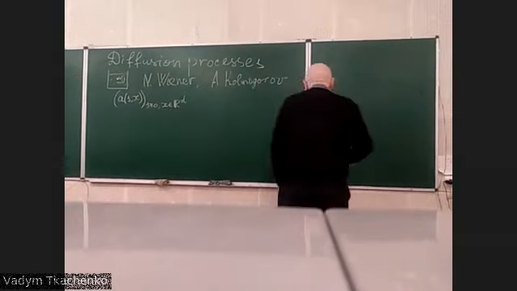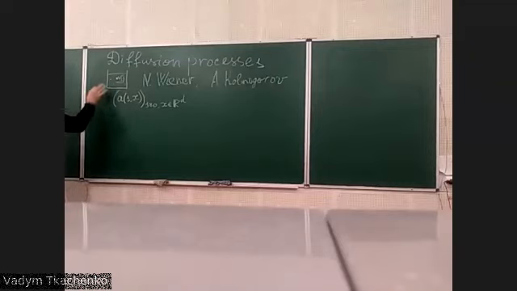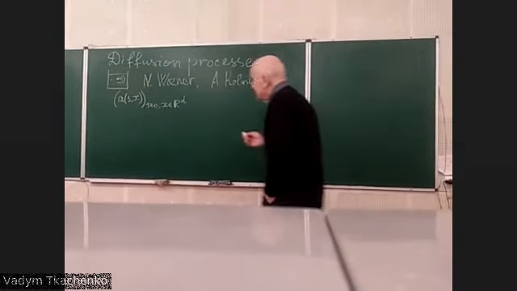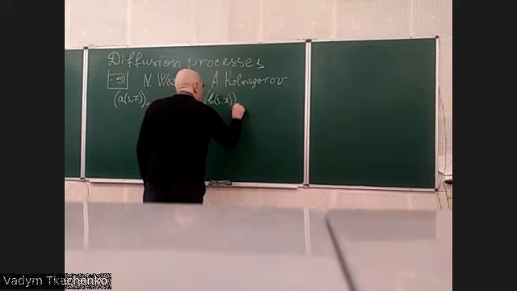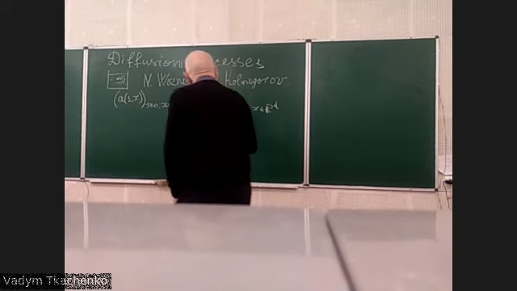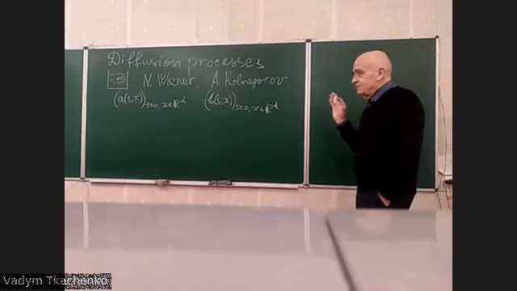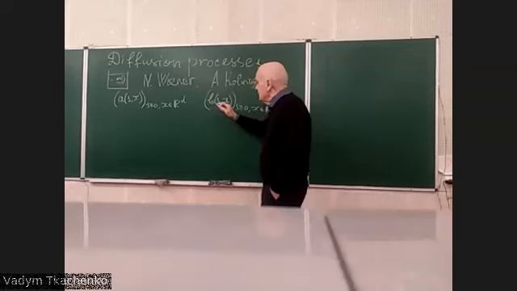This is a macroscopic characteristic, and the second kind of motion is microscopic motion, and it is characterized by the operator field b(s,x). I will give the exact definition later, but this is some characteristic of the microscopic motion.